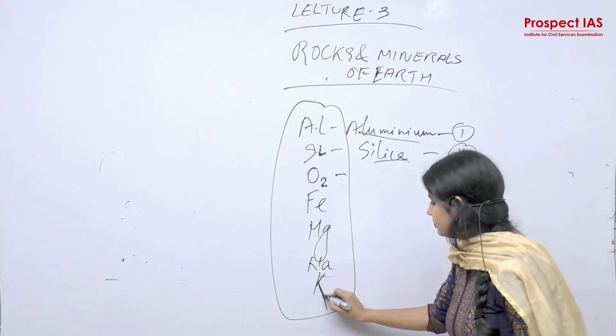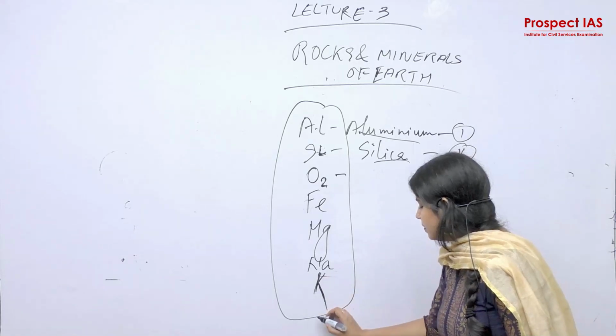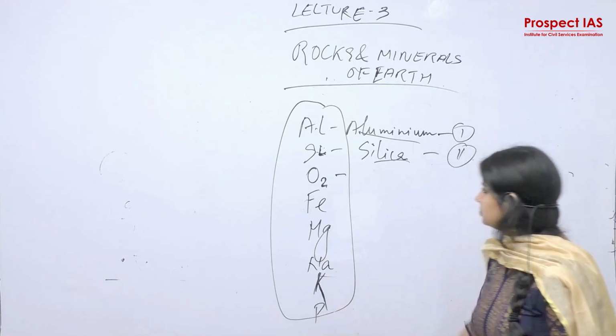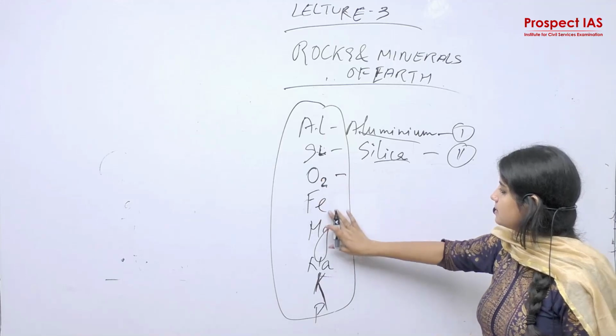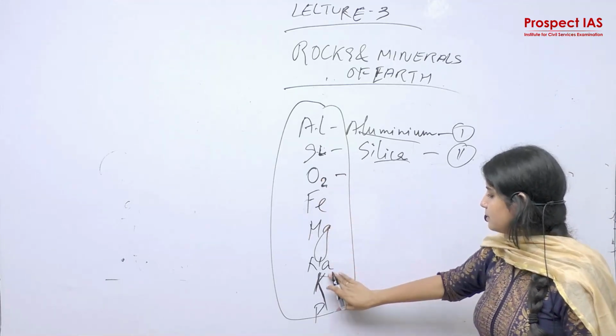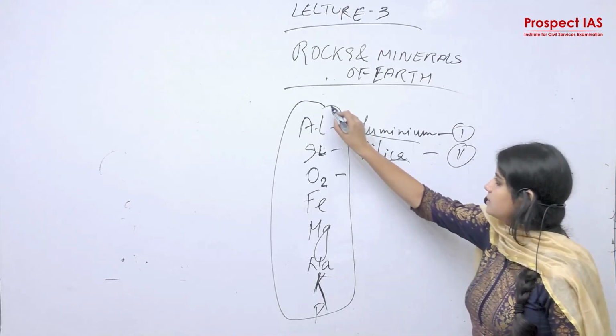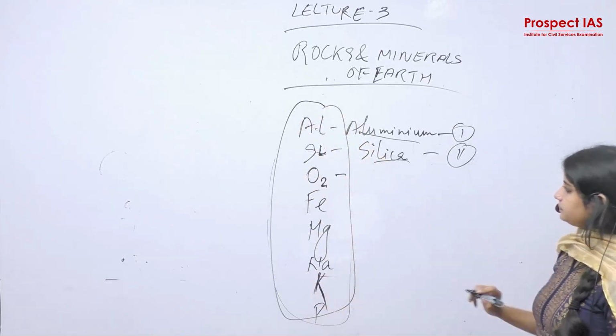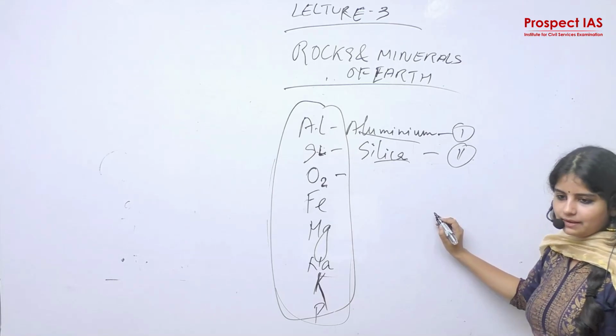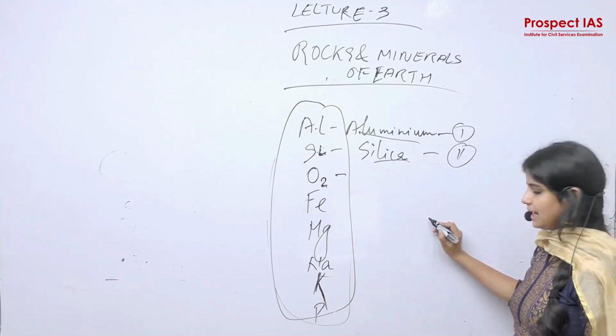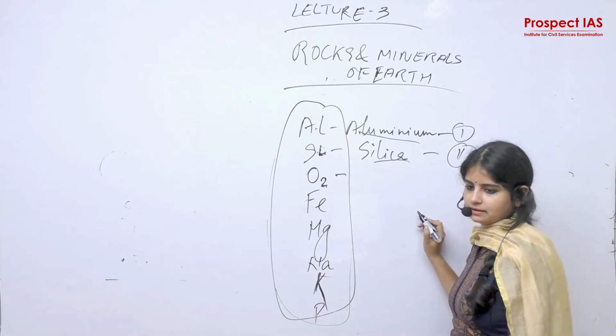The 8th, after potassium, is phosphorus, beta: aluminium, silicon, oxygen, iron, magnesium, sodium, potassium and phosphorus. So the 8th one, I'm sorry, I forgot. So you need to understand the symbols. Yeah, tell me the lat longs, the latitudinal extent of India.